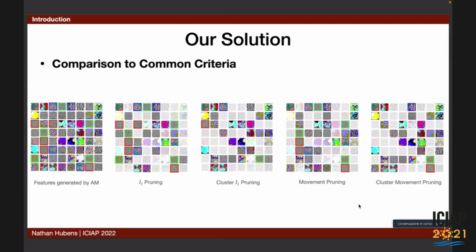Also, some rare filters, such as these blue and yellow patches, remain when using the clustering technique, and this was not the case without. So we can see that the addition of the clustering technique helps to reduce the redundancy of remaining filters, but also to keep a variety as wide as possible.